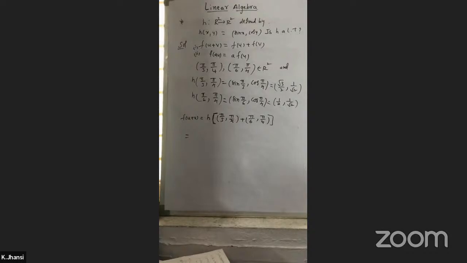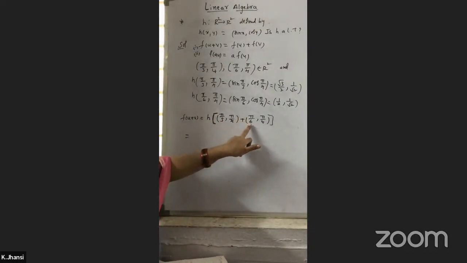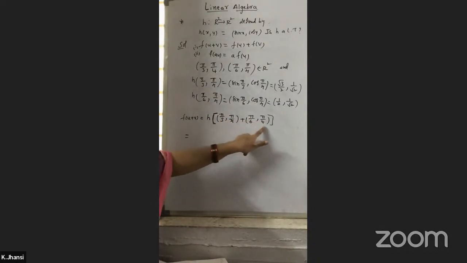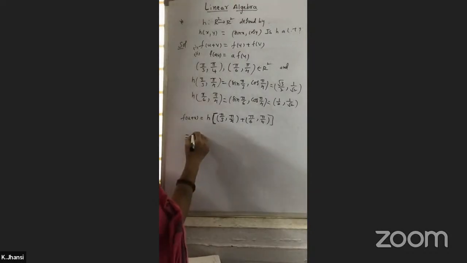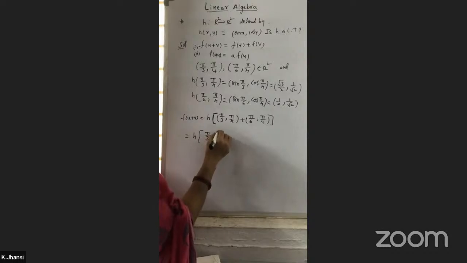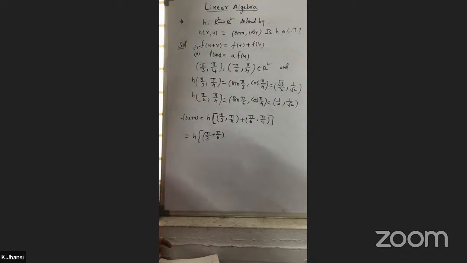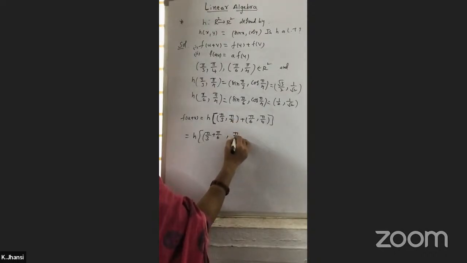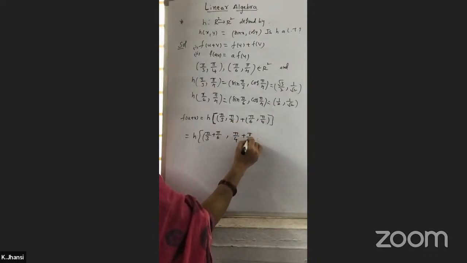Okay. Now this is in the form of a comma b and here c comma d. So what you'll get is a plus c, b plus d. Similarly, h of pi by 3 plus pi by 6, comma, second one, pi by 4 plus pi by 4.